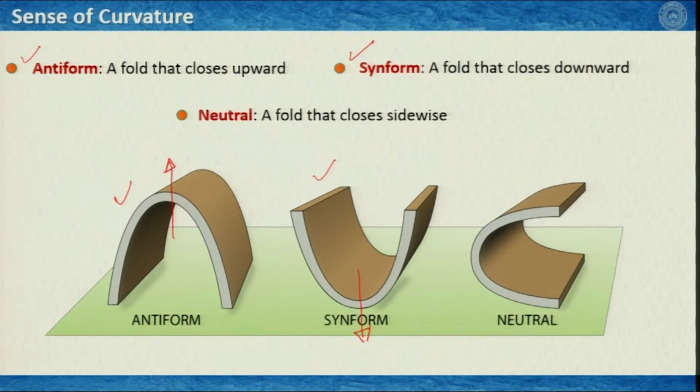But there could be a series of possibilities where the fold is not closing upward or downward, but sidewise. In that case, we call it a neutral fold, where it is not upward, not downward, but sidewise. We can also consider a fold something like that.